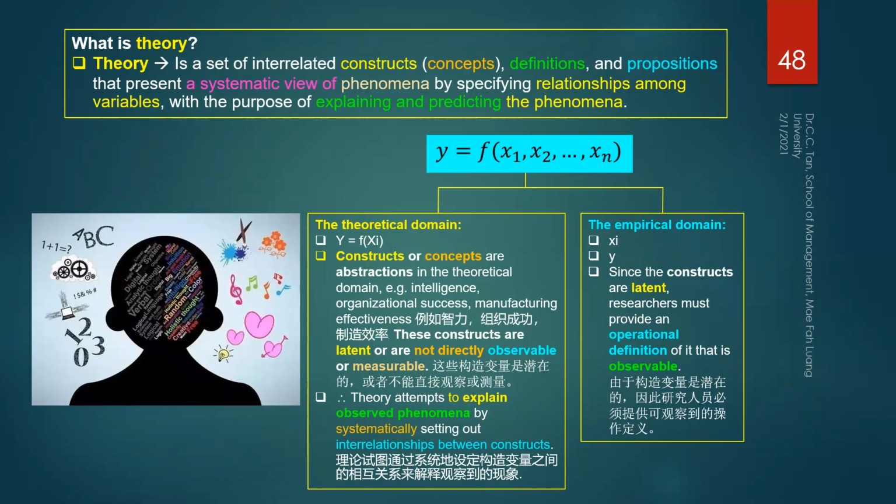You should be able to tell that this Y is related to X. That means you support the theoretical function, which is Y is a function of Xi.